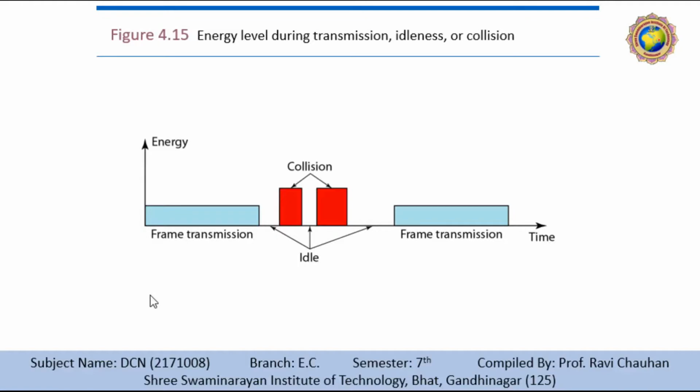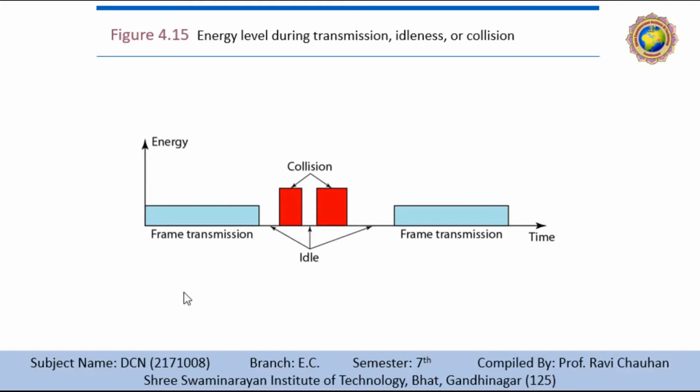At a normal level, a station has successfully captured the channel and is sending a frame. At an abnormal level, there is a collision and the level of the energy is twice the normal level. So at this stage it is an idle channel, this is frame transmission, it is normal, and this is the abnormal stage, meaning a collision is there.